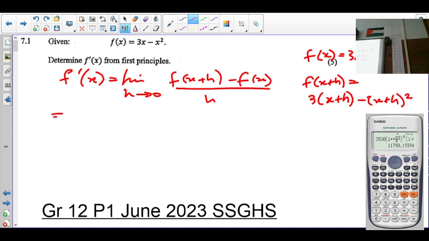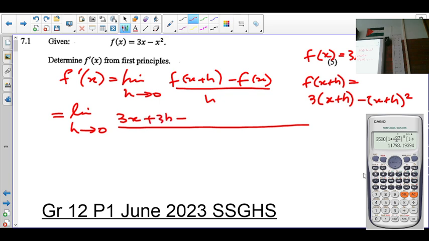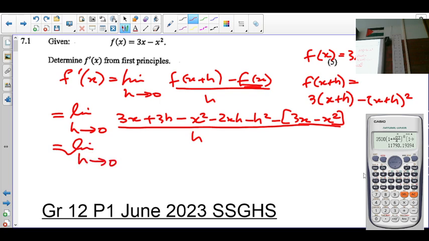You don't have to write that on the side. I'm going to do the first step of simplifying it. So it's going to be 3x plus 3h minus x squared minus 2xh minus h squared minus, in brackets, f of x, which is 3x minus x squared, all over h, as h approaches 0. Start simplifying. Negative 3x cancels 3x, x squared cancels negative x squared.